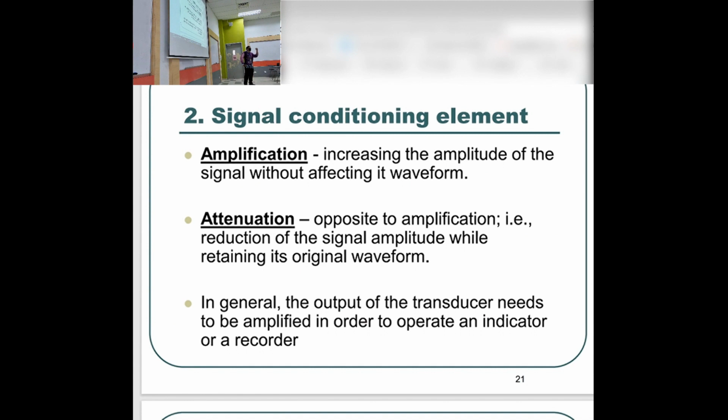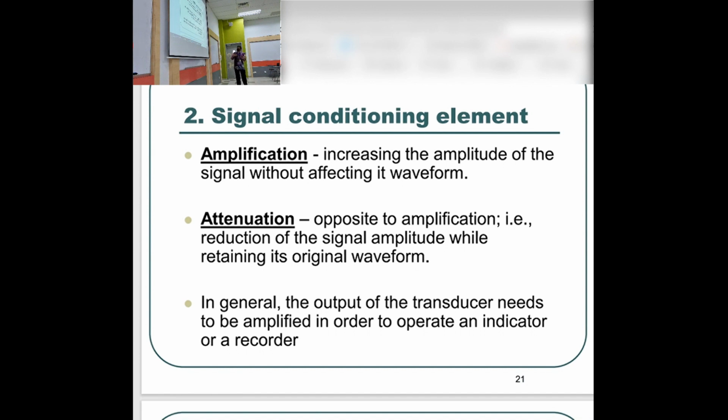But the voltage varies depending on the parameter that we want to measure. But the amount is very small, so that small amount cannot be read by our equipment. So we need to amplify. Either we amplify with external equipment, or we amplify using software, electronic digital software.